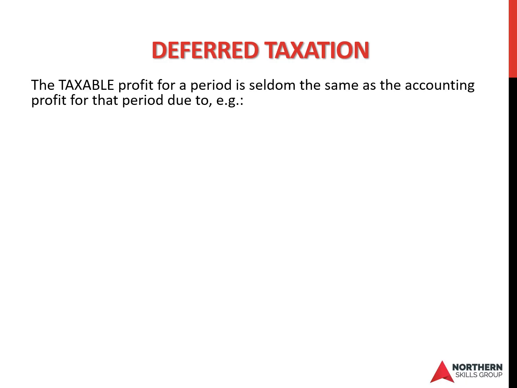So, what is it? If you've studied the tax papers, you'll know that the profit on which tax is paid is seldom the same as the profit shown in the profit and loss statement for a number of reasons. Firstly, certain items will be deducted as expenses in the profit and loss account that aren't allowed as deductions for tax purposes, such as entertaining expenses.